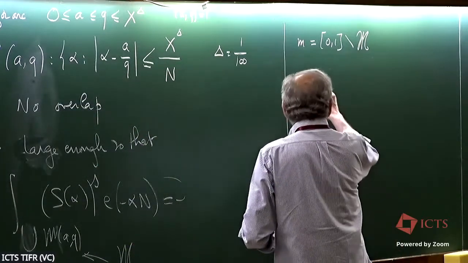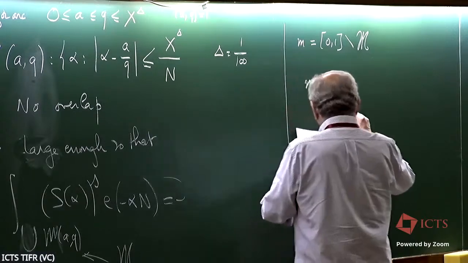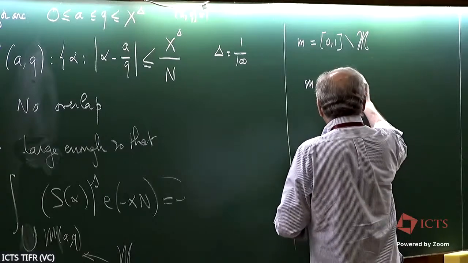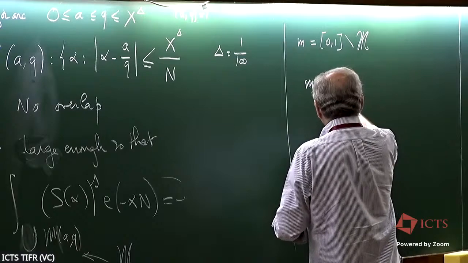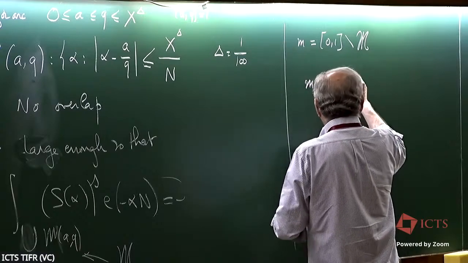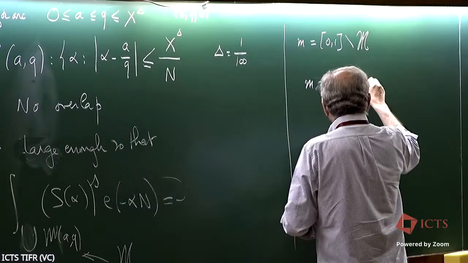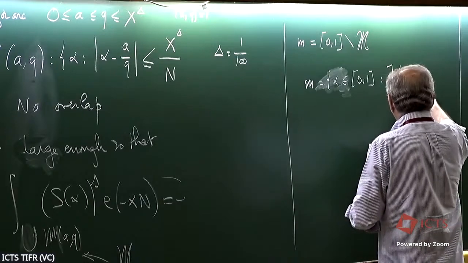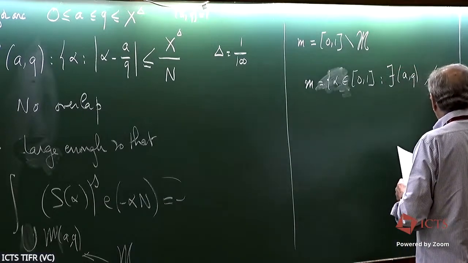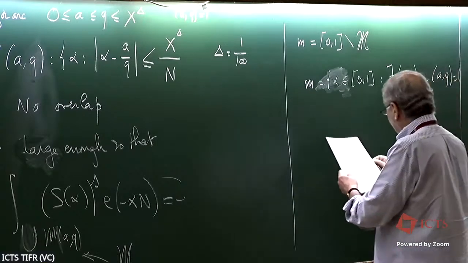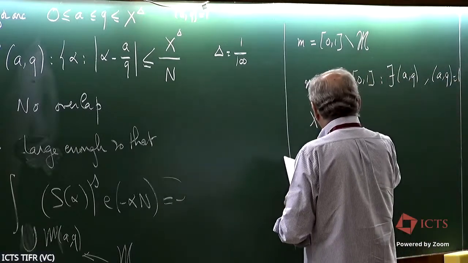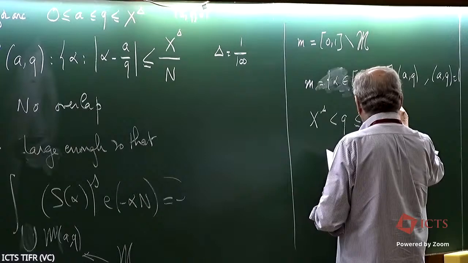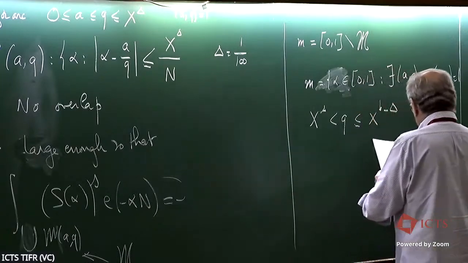But what I want to define as little m is the following, and you have to think a bit of the following. There exists the set of alpha in 0, 1, such that there exists A, Q, (A, Q) equal to 1, and X^s less than Q less than X^(k minus delta).